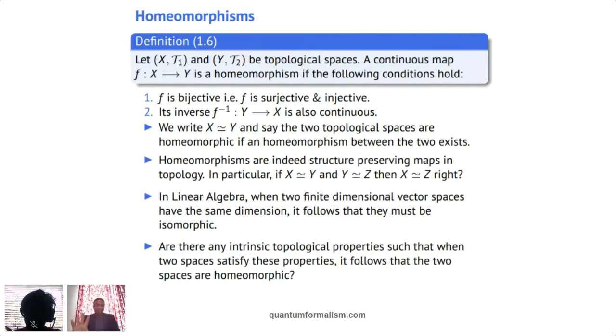I won't answer now because there are some topological properties that we will define in the metric topology section, and then we'll come back to this question to see whether the topological properties that we will work with are intrinsic enough to help us classify topological spaces. You will see this is a very, very tricky question.